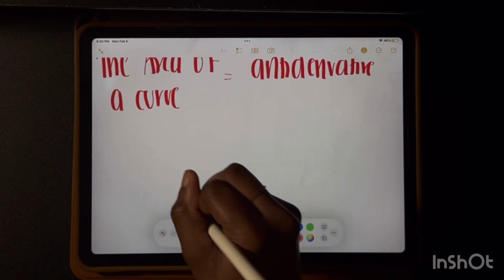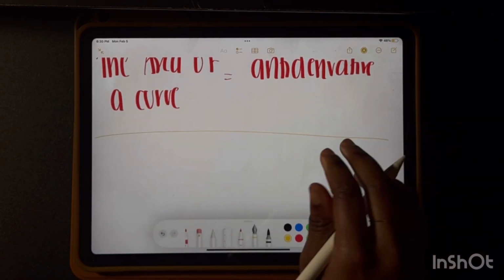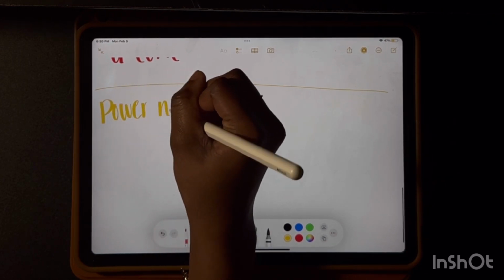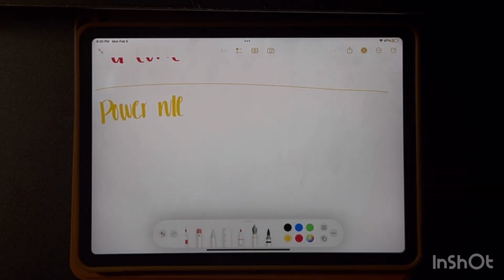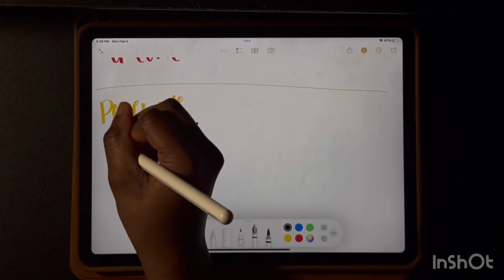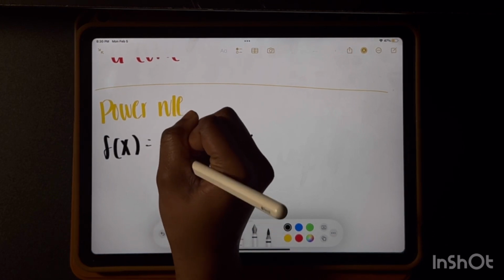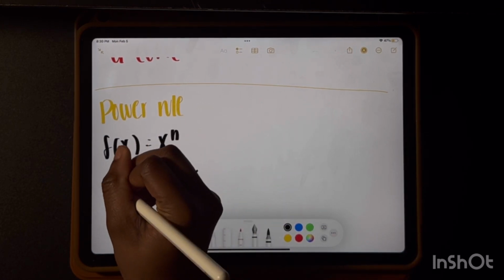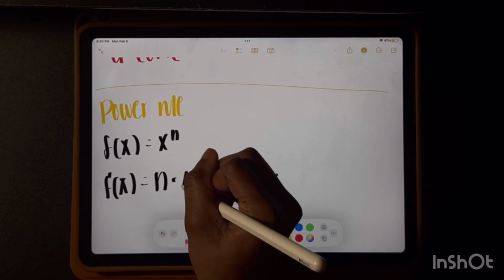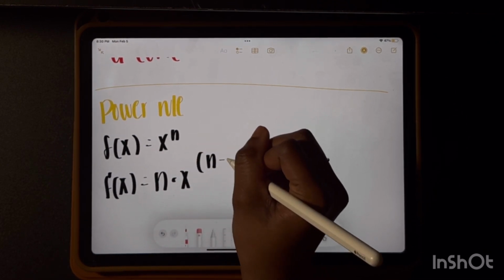Now let's look at some rules. First one we have is the power rule for finding your derivative. So when f of x equals x to the n, our f prime of x will equal n times x to the n minus 1.